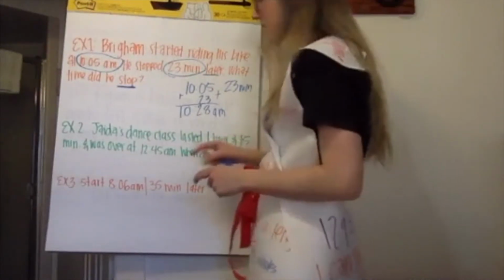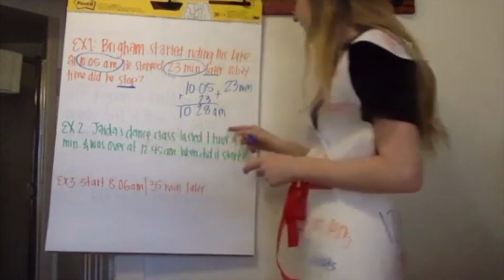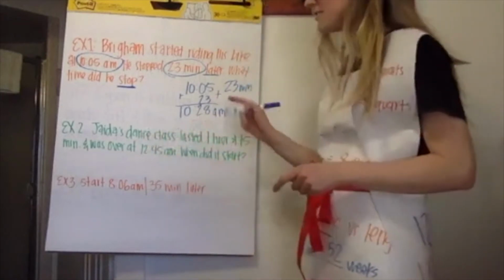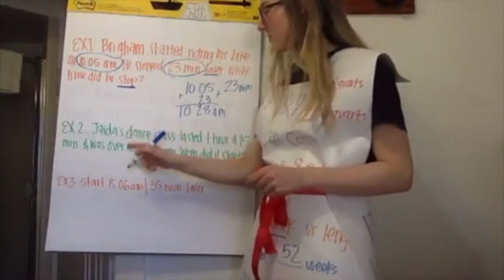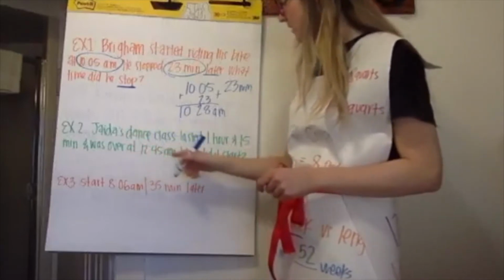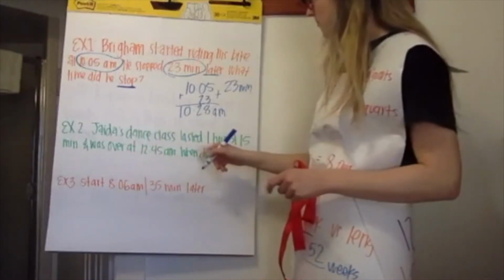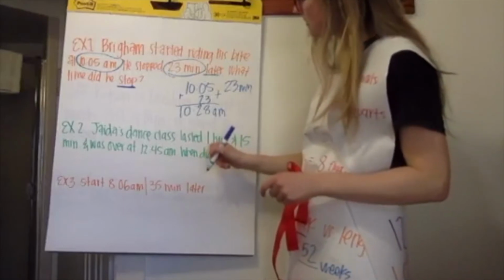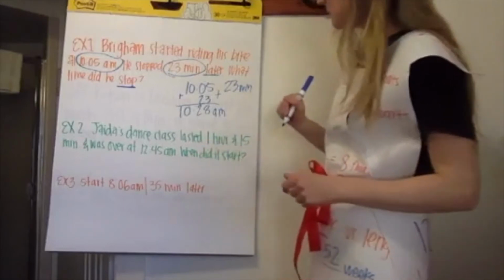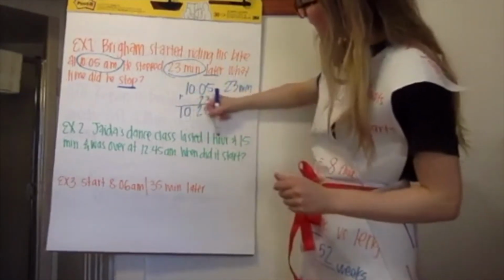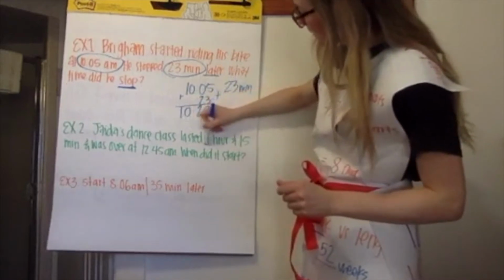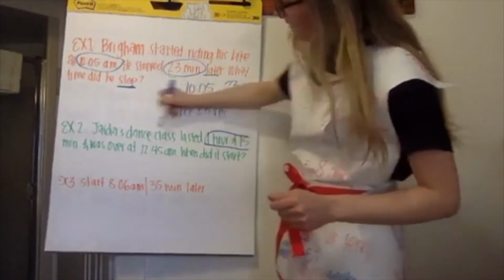All right, let's do another example. Example number 2. Jada's dance class lasted 1 hour and 15 minutes and was over at 12:45 a.m. When did it start? So her dance class lasted 1 hour and 15 minutes. That's super important.